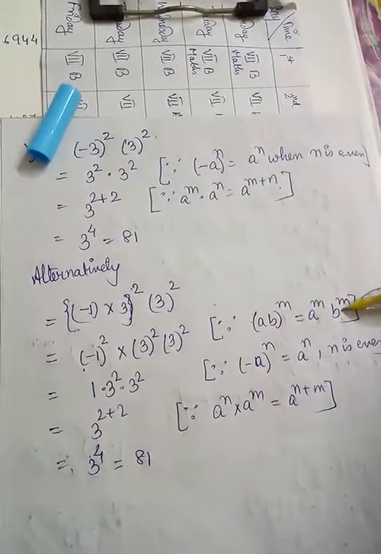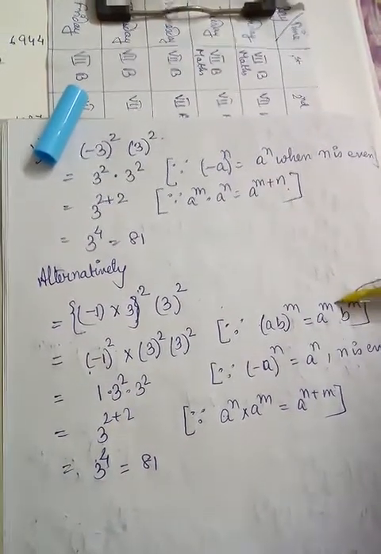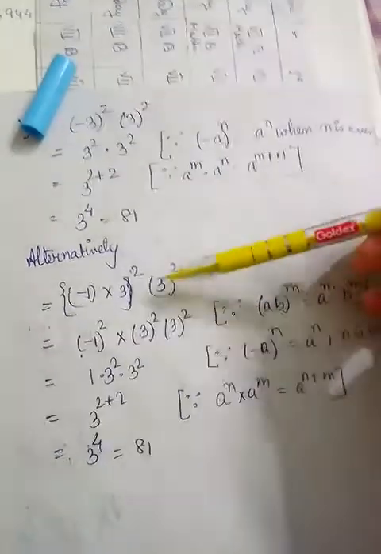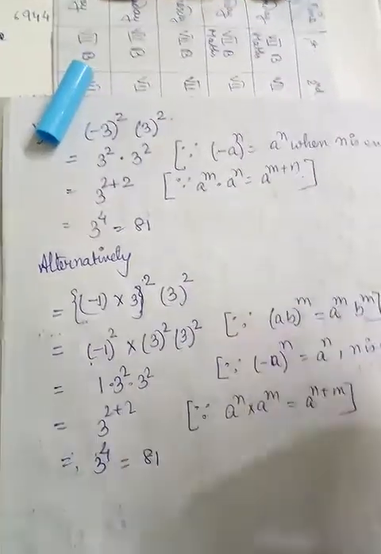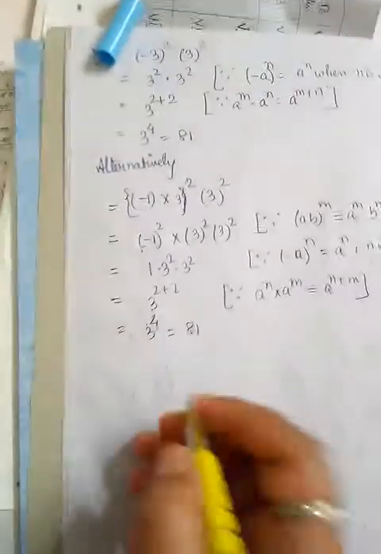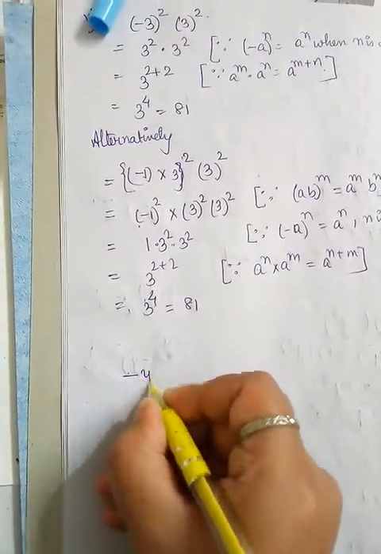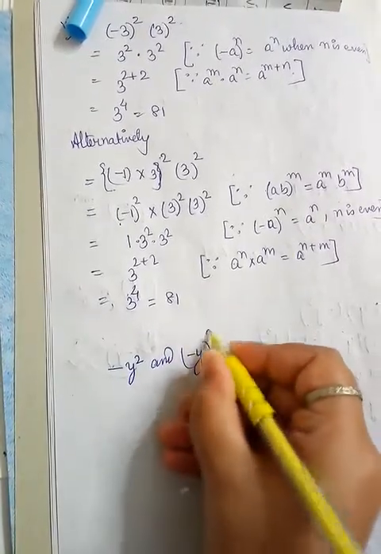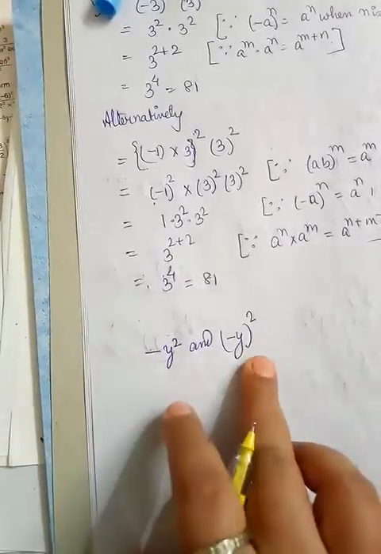We are using this product law, one of the more laws of indices, and then we are solving it. What I am trying to explain is the difference between minus y square and minus y whole square. Children, be very careful with these two.